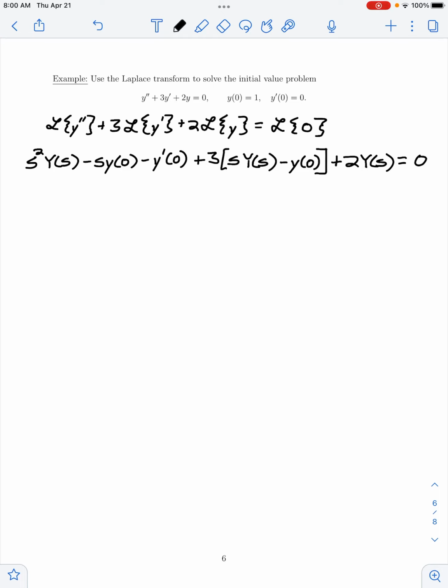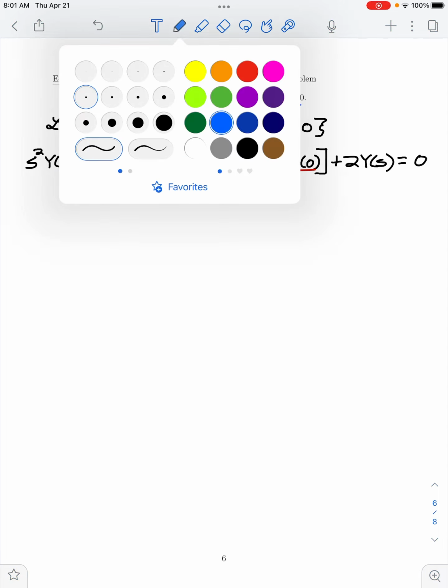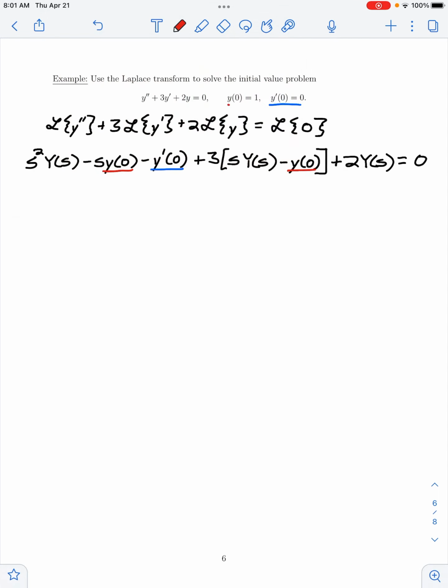So after I apply this lifting property, I have expressions involving y of 0 or y prime at time 0. And we're given these values as our initial conditions. Y of 0 was 1, y prime of 0 is 0.